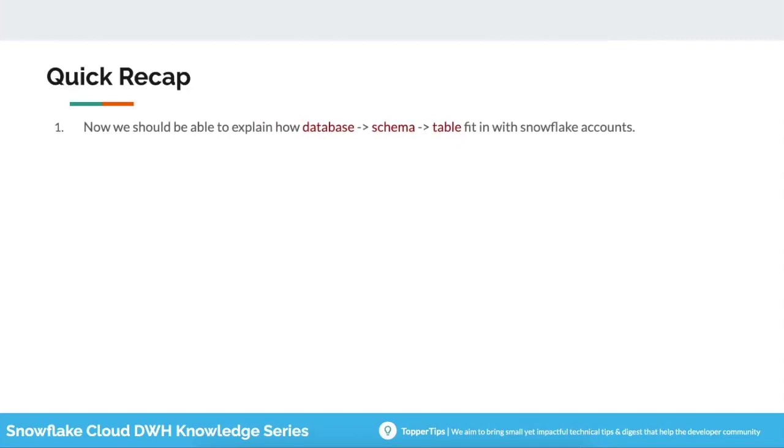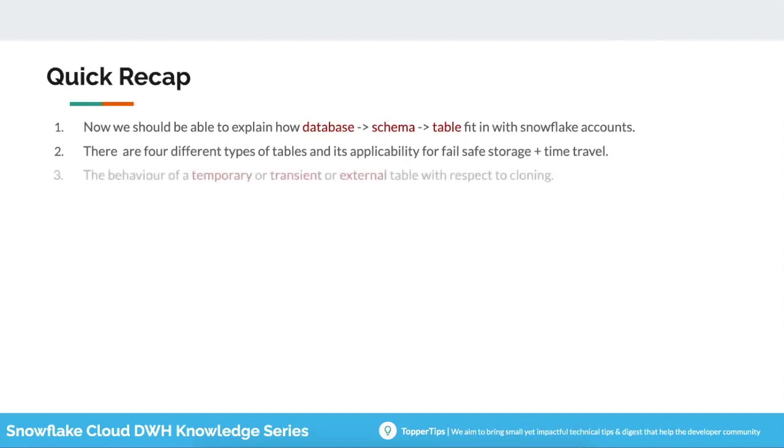Now we should be able to explain how the database, schema, and table fit into the Snowflake account and the entire container hierarchy. There are four different types of tables and their applicability with respect to fail-safe and time travel. The behavior of temporary, transient, and external tables with respect to cloning, fail-safe, and time travel.